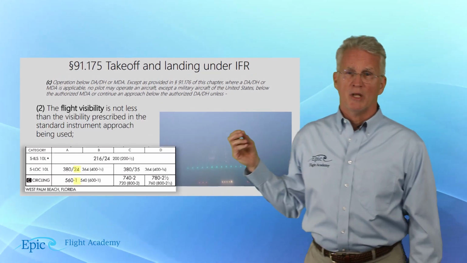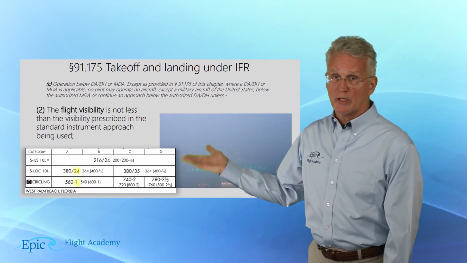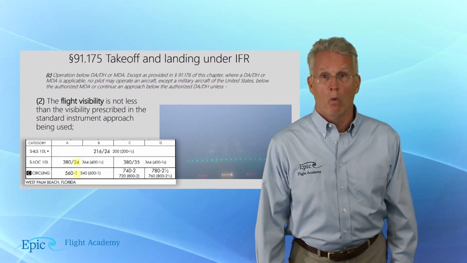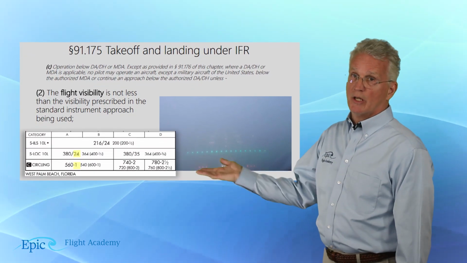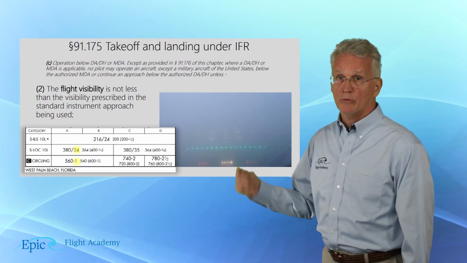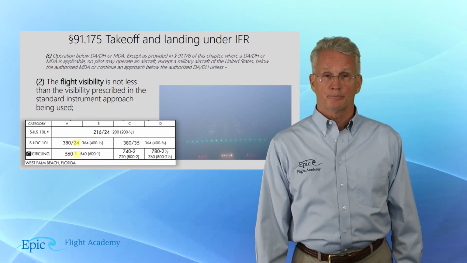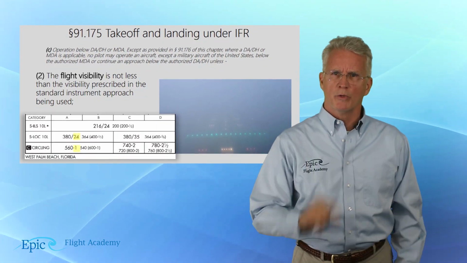Those visibilities might be listed in runway visual range, as you see here, 24, that means 2,400 feet, or they might be listed in statute miles, as you see here, highlighted in yellow, the numeral 1, that means 1 statute mile. So I want you to review that in particular with your instructor.